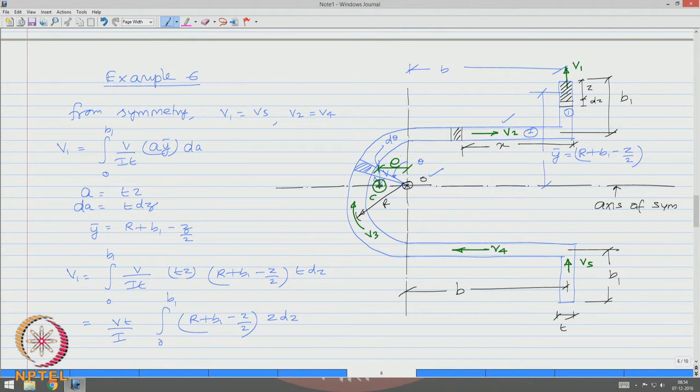But that is anticlockwise. Similarly, for V 2 the distance is R.